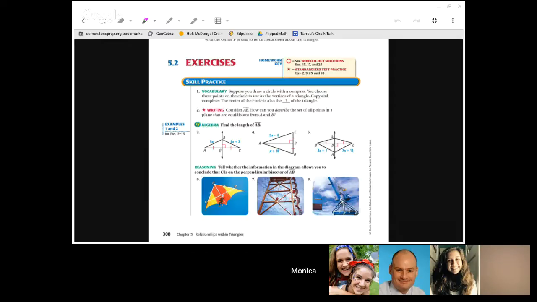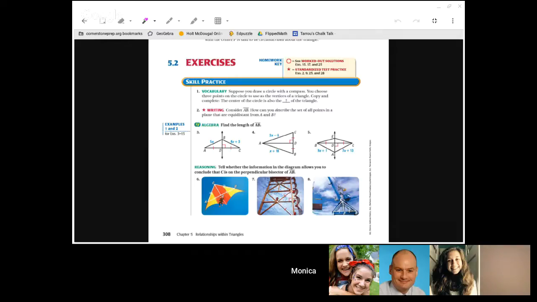Does that fit the explanation there for how you know that a point is on the perpendicular bisector? It says if a point is on the perpendicular bisector, then it is equidistant from the endpoints. So is that true here? Yes, it is equidistant from those endpoints, so there is enough information to prove that C is on the perpendicular bisector of that segment.